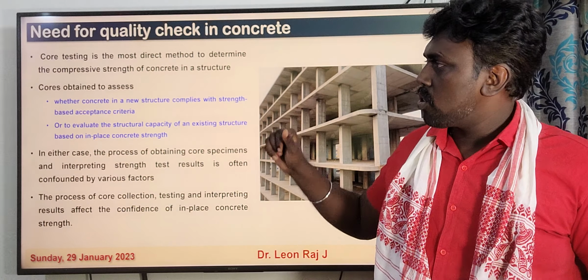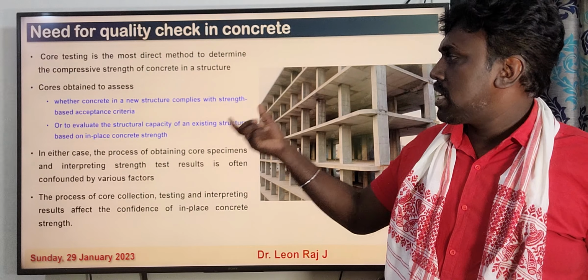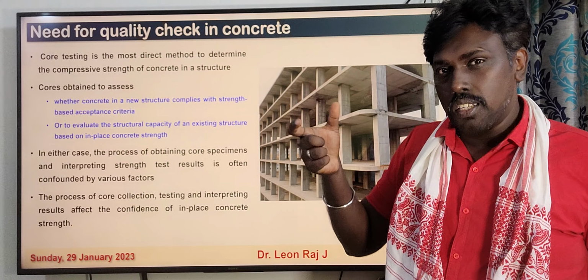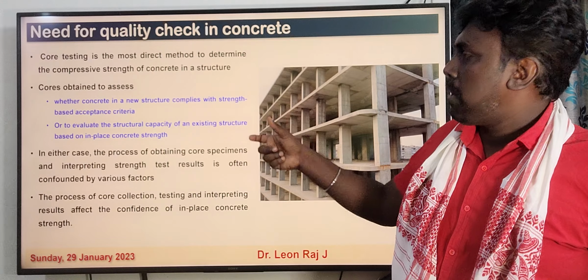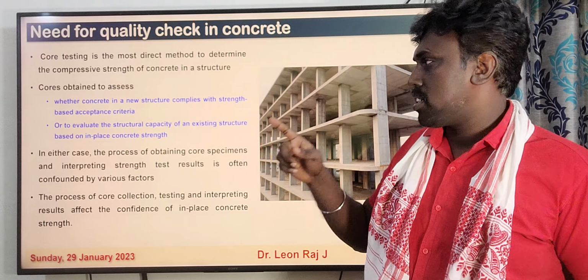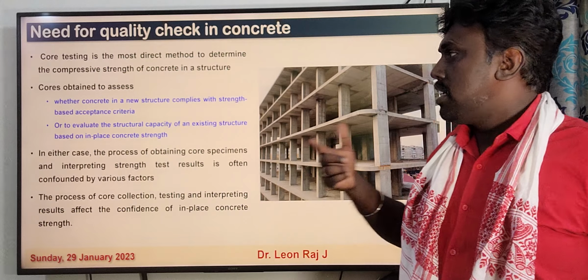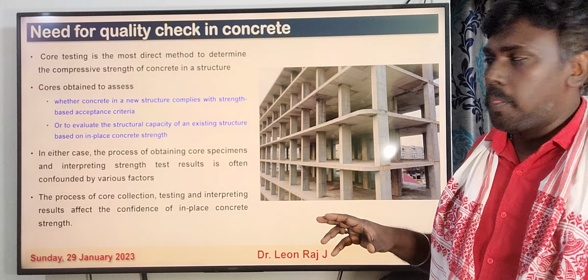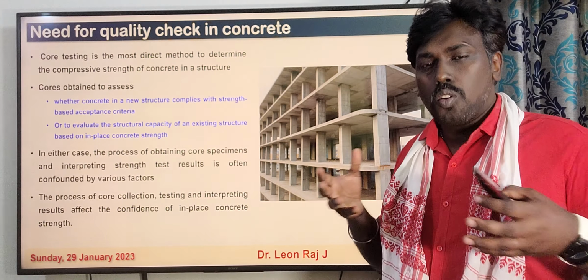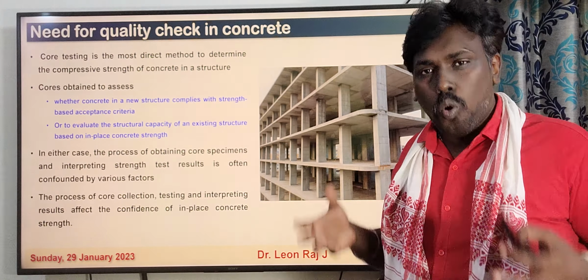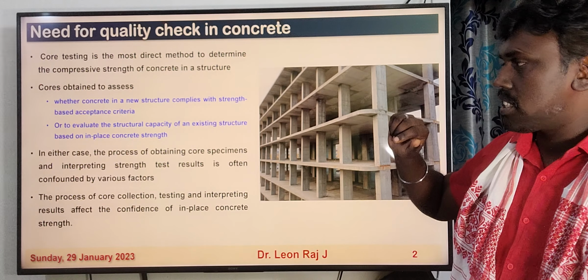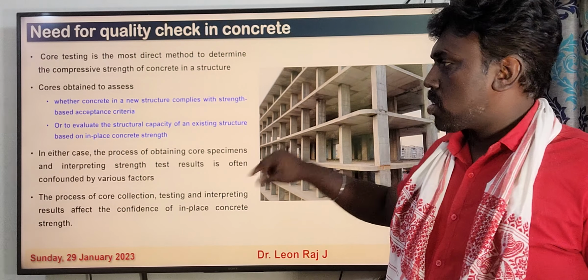Cores are obtained from the structure to assess whether concrete in a new structure complies with the strength-based criteria or not, or to evaluate the structural capacity of an existing structure based on in-place concrete strength.